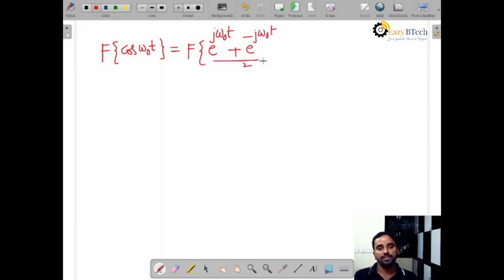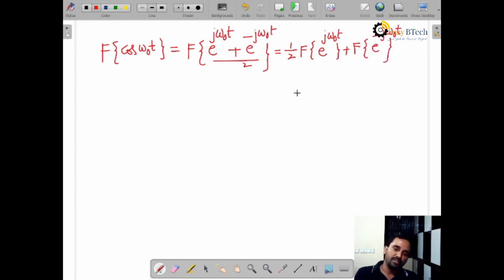This is the cos function, right? Then we can write 1 by 2 outside, so the Fourier transform of e power j omega naught t plus the Fourier transform of e to the power minus j omega naught t.